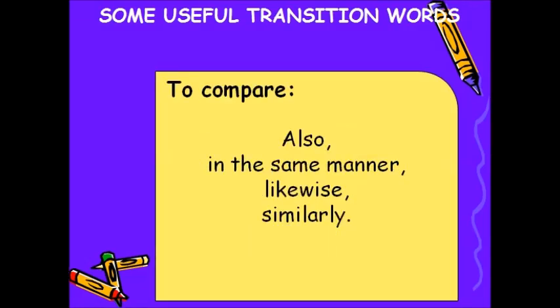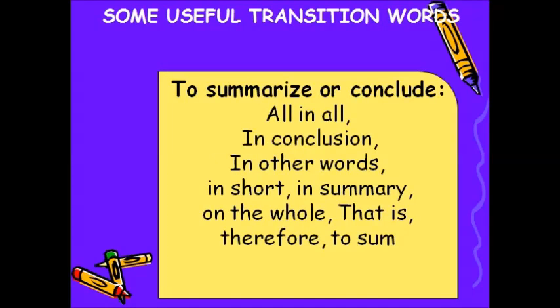To compare, we use also, in the same manner, likewise, similarly. To summarize or conclude, we use all in all, in conclusion, in other words, in short, in summary, on the whole, that is, therefore, to sum up.